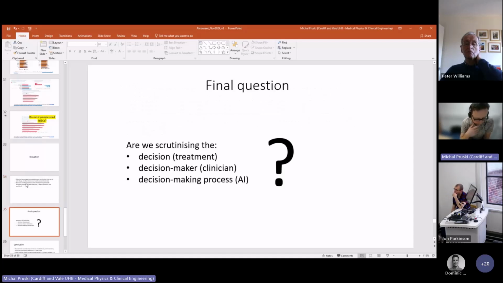And then a final question that builds in my head when musing about this is: what's the deal with consent and AI and the disclosure thereof? Because generally we use the consent process to gain permission to carry out a specific investigation or therapeutic procedure. We don't scrutinize with the consent process the way that the decision maker makes those decisions.